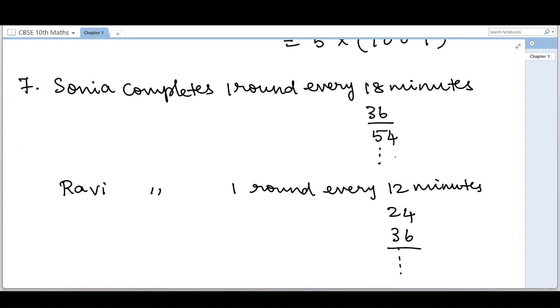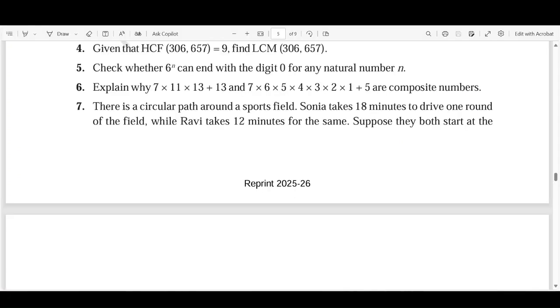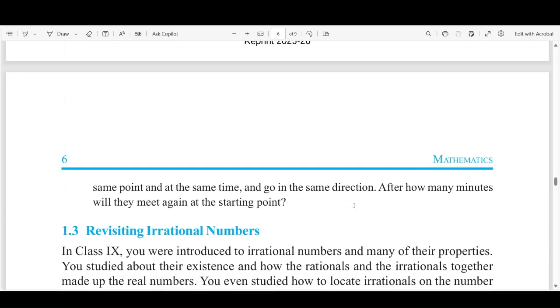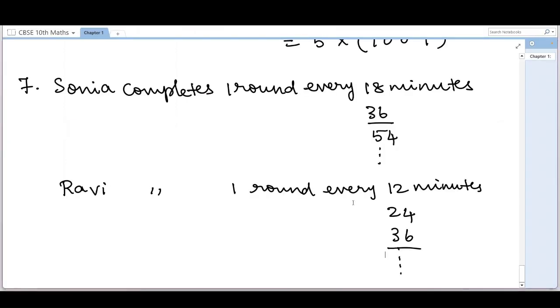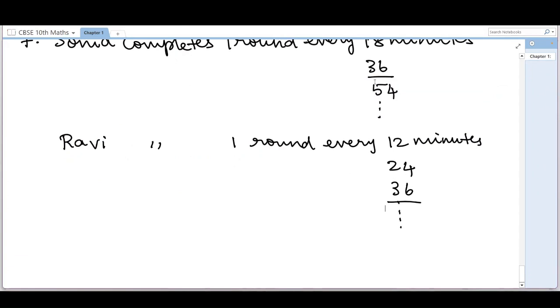Actually, after 36 also they can meet at the same time. But what we actually need is to find the least time. After how many minutes will they meet again at the starting point, they are asking. So among all the common points we have to choose the least one. So thus we can easily determine the least value to be 36.